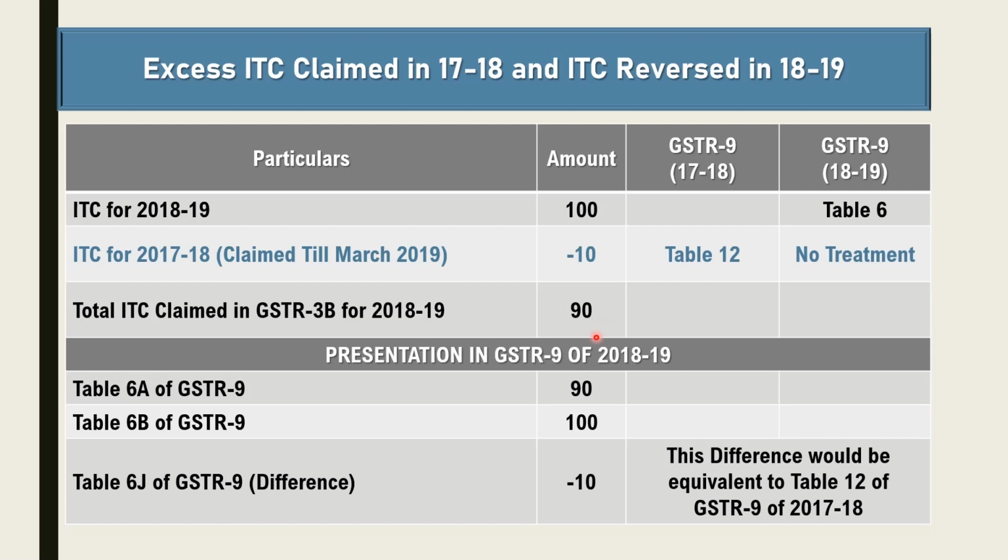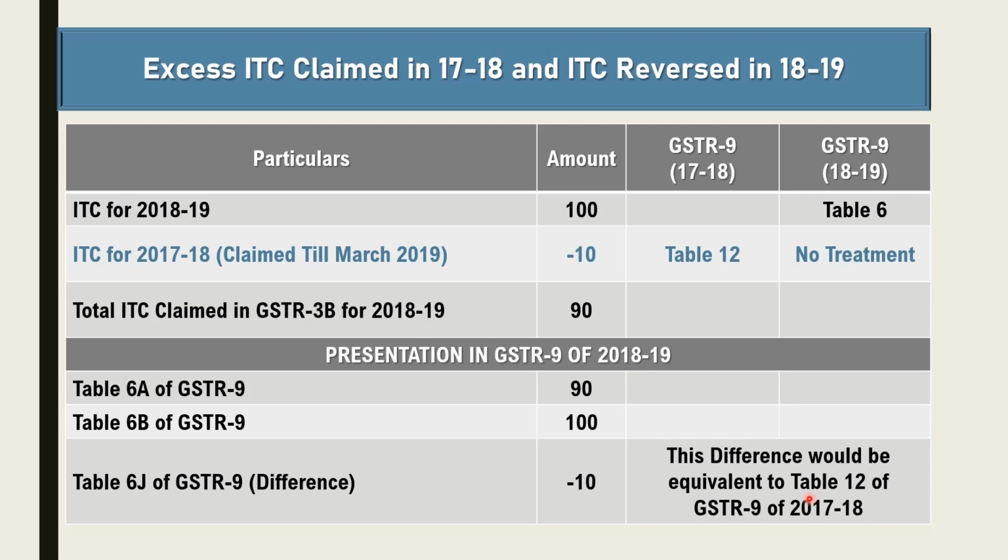But my table 6B, for simplicity again, where I have ignored all other ITCs relating to RCM or import or otherwise, would be containing details of 100 rupees, since there was an ITC of 100 rupees which was claimed in 3B of 1819 but was reduced by 10 rupees on account of 1718. So my table 6B would be reported with 100 rupees, and there would be a difference of 10 rupees, excess ITC claimed of 10 rupees, which would be equivalent to table 12 of GSTR 9 of 1718.